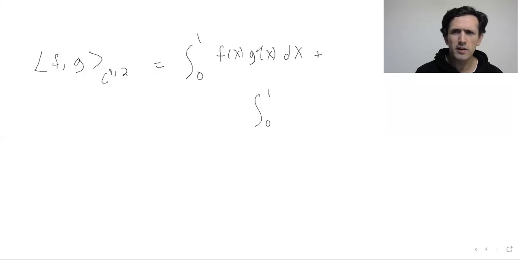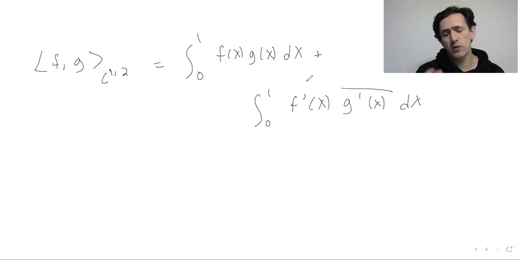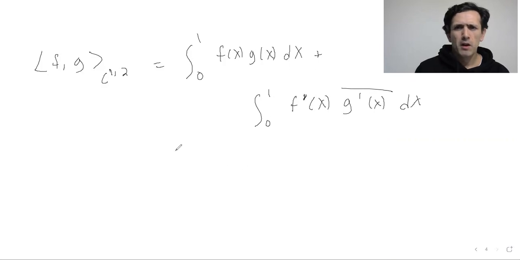I should say in some contexts, particularly when doing several complex variables, you do want to look at Hilbert spaces or complex solutions to partial differential equations. But anyway, the C^1_2 norm is just the inner product of f with f, raised to the 1/2.